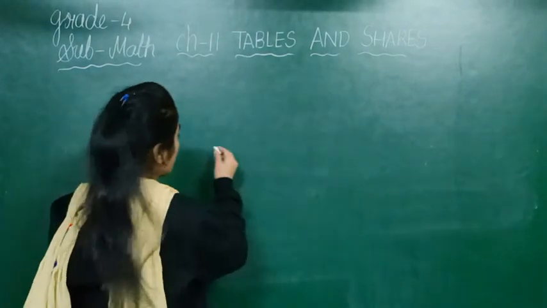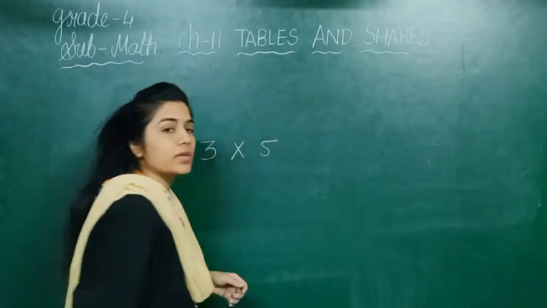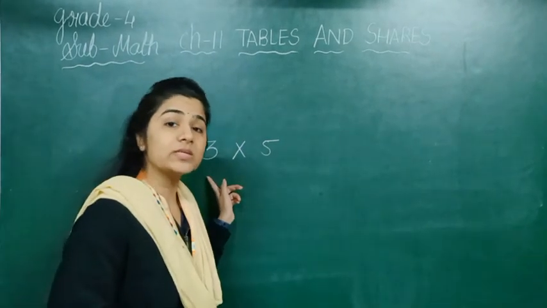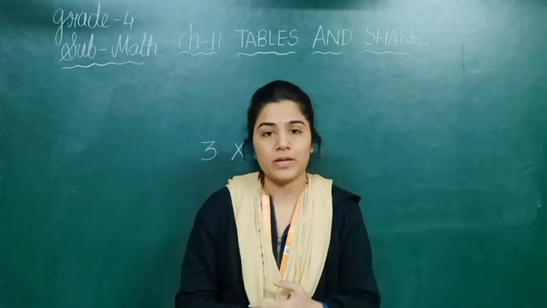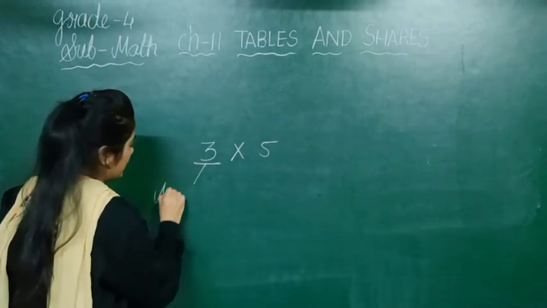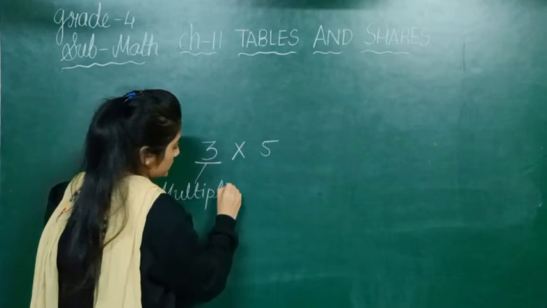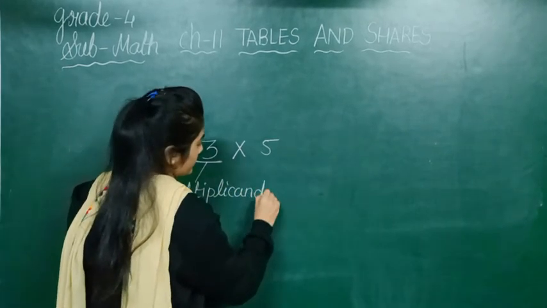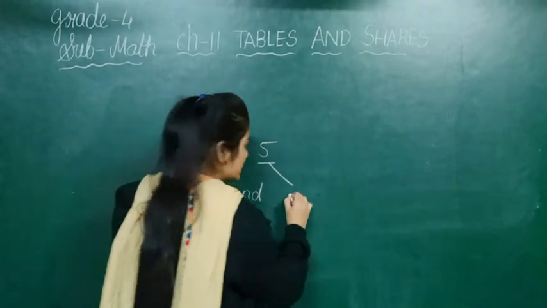Suppose firstly I am writing 3 multiply 5, right? What are the factors of multiplication? In total there are 2 factors of multiplication. One is multiplicand and the second number is multiplicator.